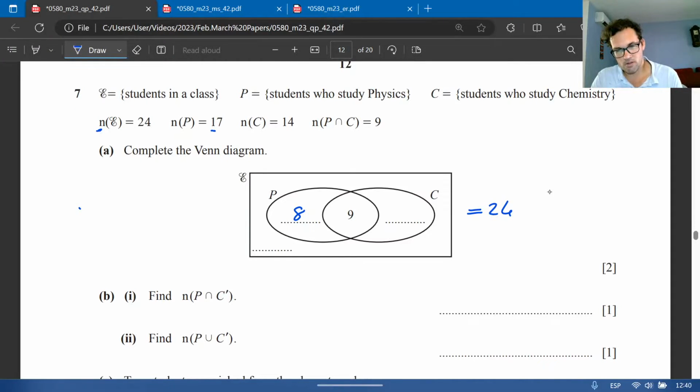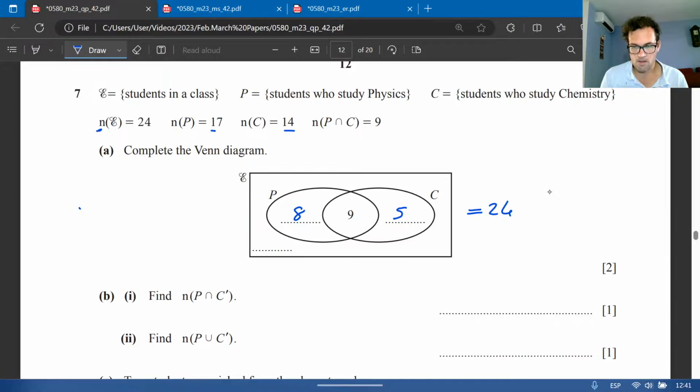Same for all the students that study chemistry. There must be 14 students who study chemistry. But in this oval of C, there is already a 9, so there must go a 5 over here, so it adds up to 14. Then the intersection of P and C is 9. It simply means there's 9 students that study both physics and chemistry.